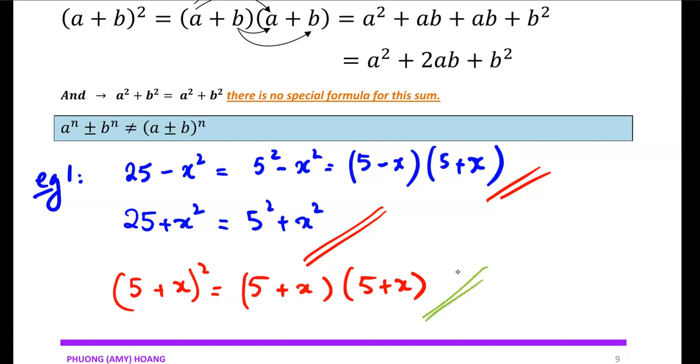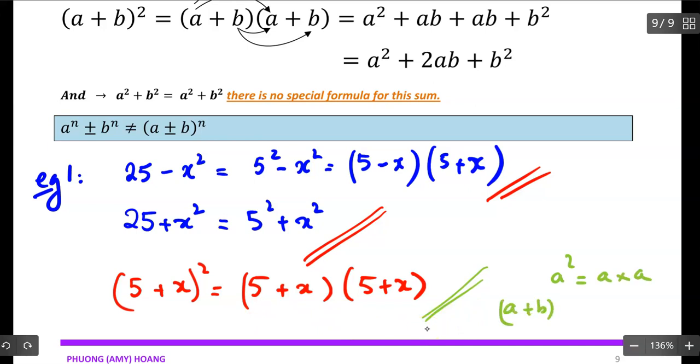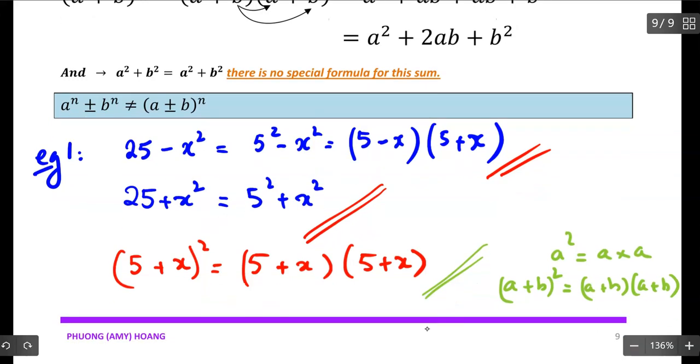If I have a base raised to this power here, then all I have to do is look at the power and multiply the base by itself according to the number of my power. So my power is 2, so I multiply the base by itself twice, just like you write a squared equals a times a. So in this case you have (a + b) all of it squared. It means you just write (a + b) times (a + b). The same thing.